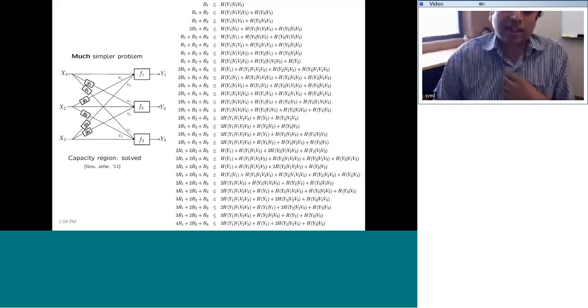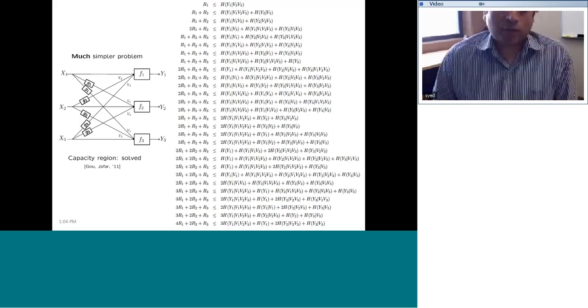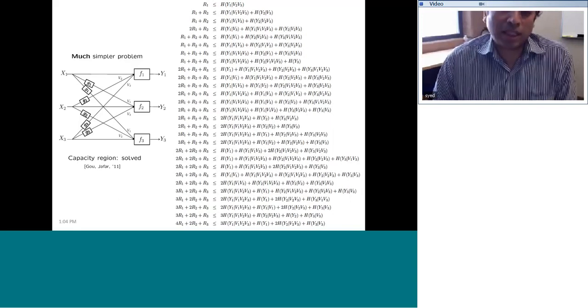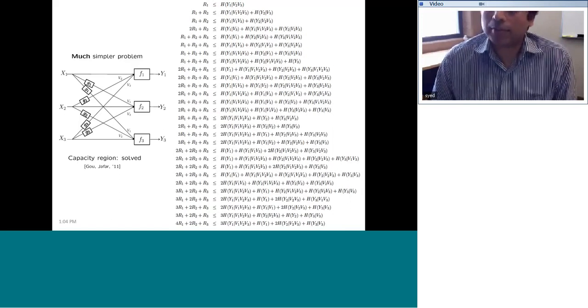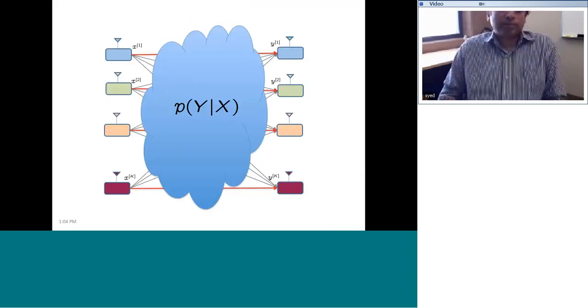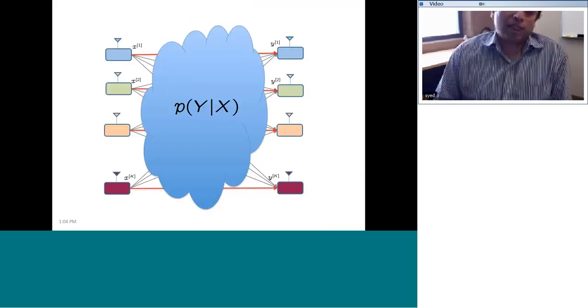The point of this slide is that for these network capacity problems, because there are so many parameters, so many transmitters and receivers that you have to worry about at the same time, even if the solution could be found in the most general sense, it may not be very useful because it is extremely cumbersome. So let's try to be a little less ambitious.